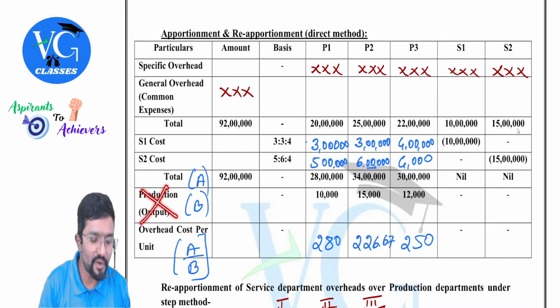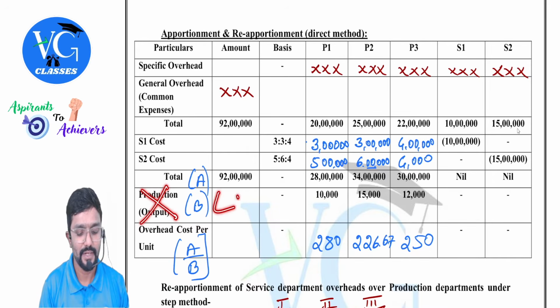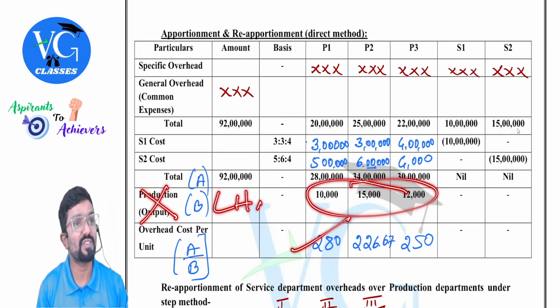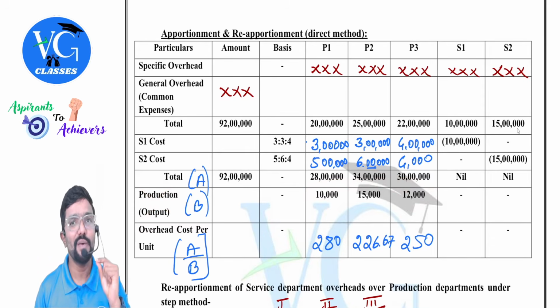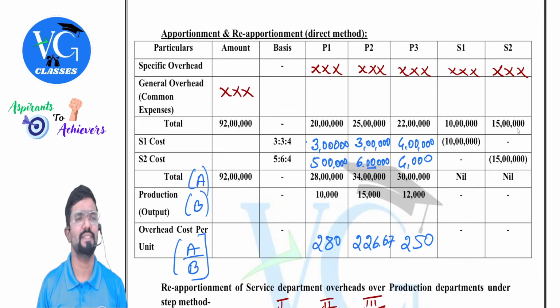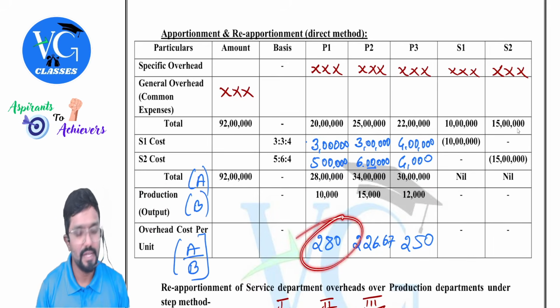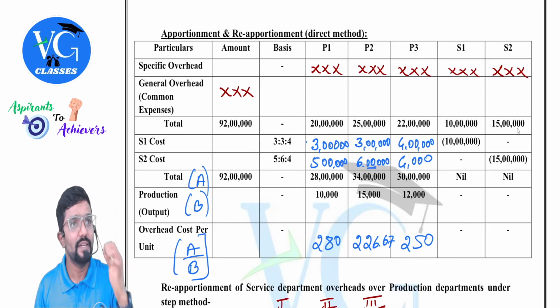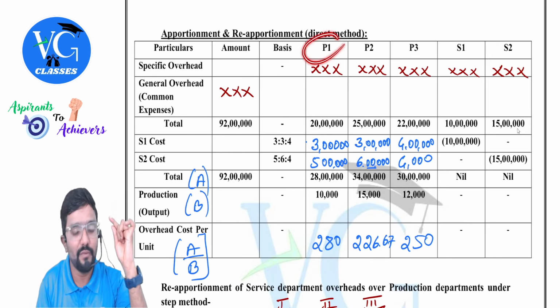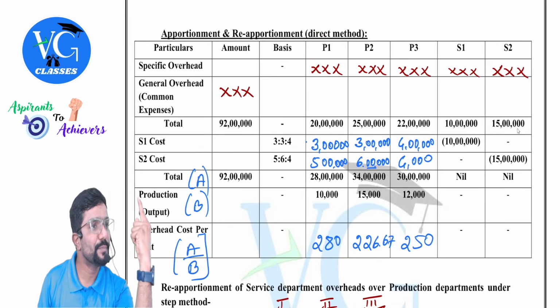Now let us take it another way. Sir, assume instead of production output, it is labor hours. Whatever you get here is called the labor hour rate, meaning overhead cost per labor hour. What do I do with it? Simple. Assume 280 is the labor hour rate. To produce each and every unit in P1, a laborer has to work for 1 hour.